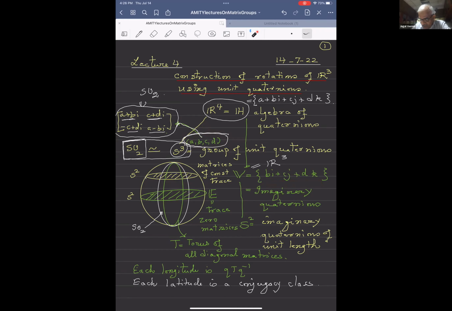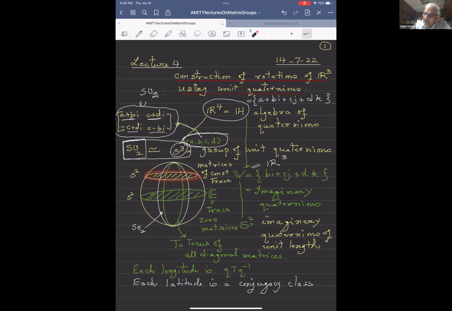Just like if you look at the picture of Earth or a two-dimensional sphere, there are latitudes and longitudes. The same concepts exist in the three-dimensional sphere or n-dimensional sphere. A latitude is simply obtained by intersecting the three-dimensional sphere with a plane.